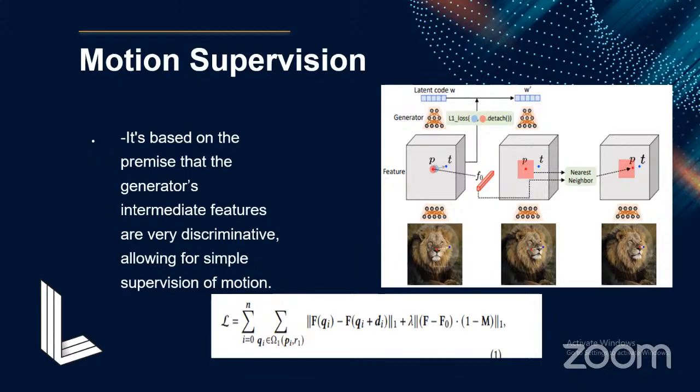Here we use the generator, so that feature is very discriminative, since the generator tries to create images in a more realistic way instead of fake, while the discriminator has the highest probability of identifying the fake images instead of the real images. So that's where the motion supervision is involved.